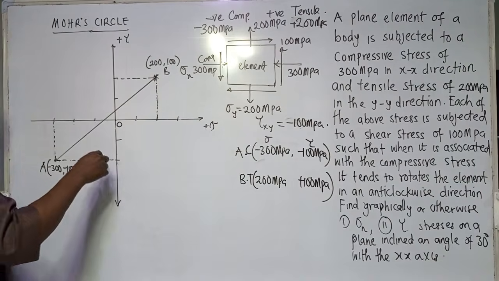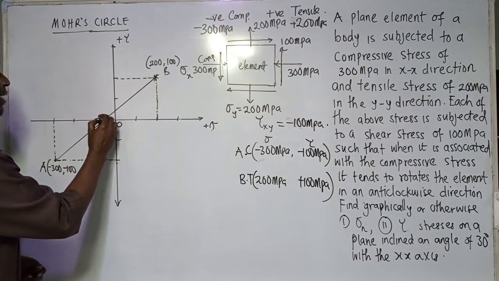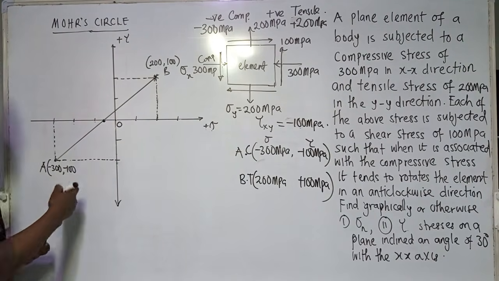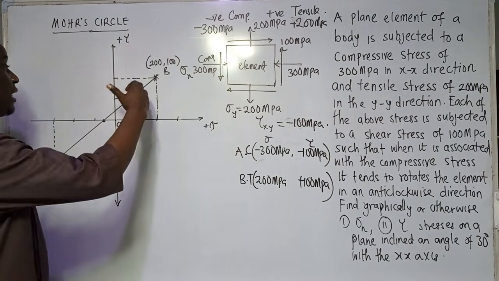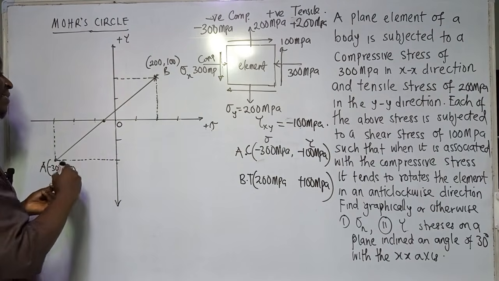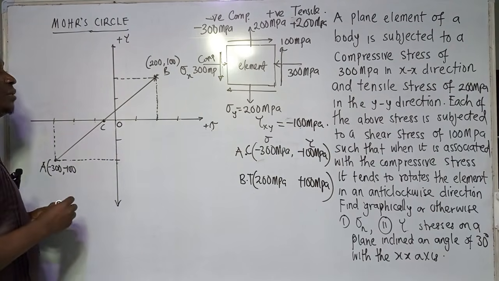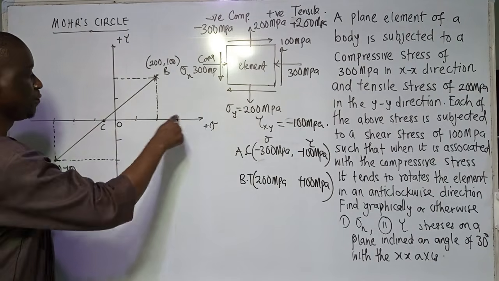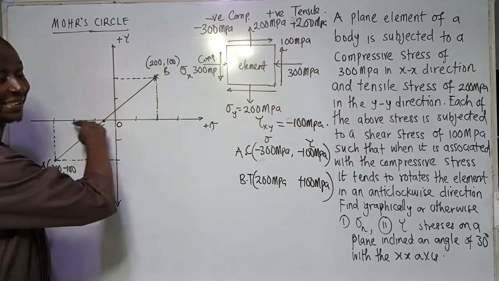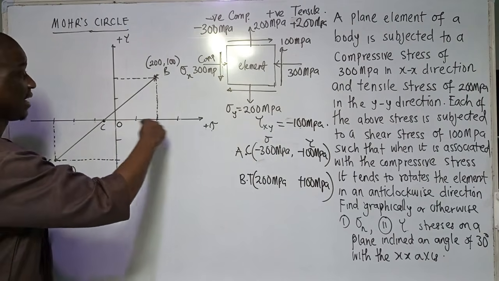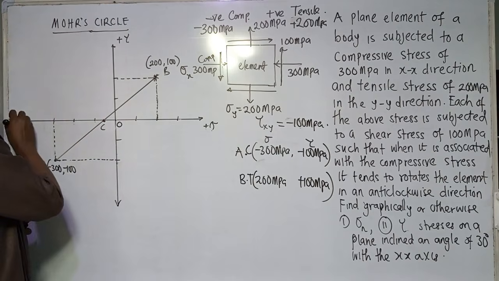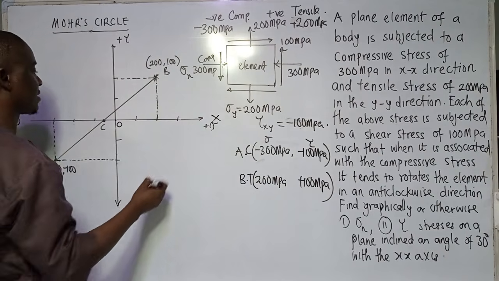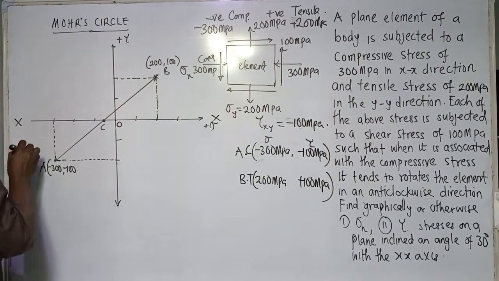Now, we draw the circle. There's a point of intersection of AB, which we now take as our center. Let's call it C. So it meets the principal axis, or principal stress axis, at a point. Let's say this is OX, or let's say XX.